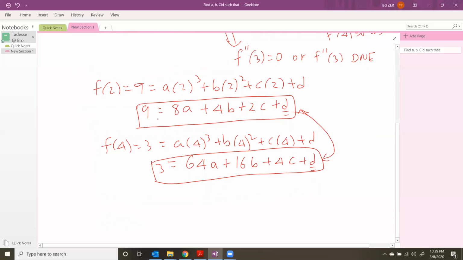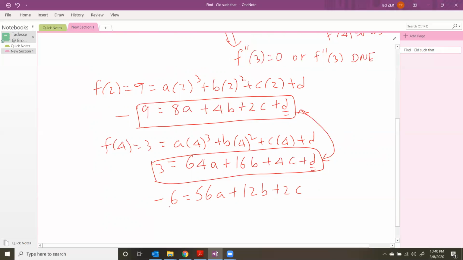If I multiply this one by negative, then 3 minus 9 is negative 6, equals 64a minus 8a, which is 56a, plus 16b minus 4b, which is 12b, plus 2c, and d cancels out.